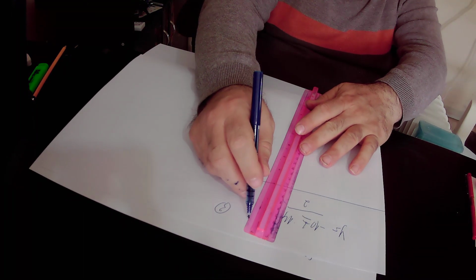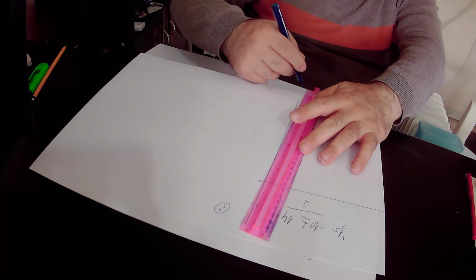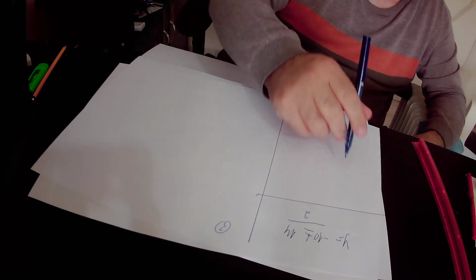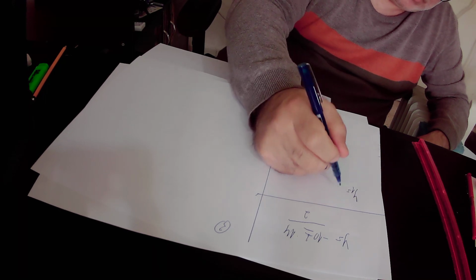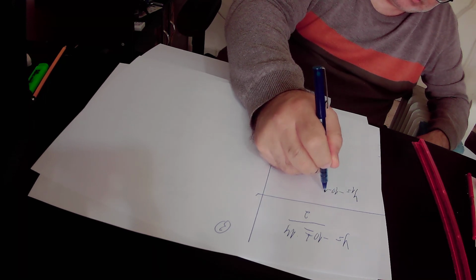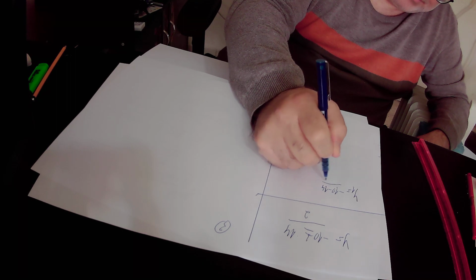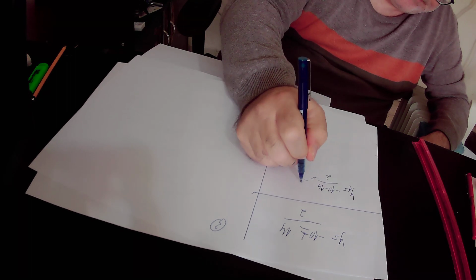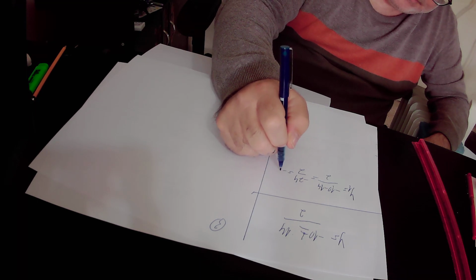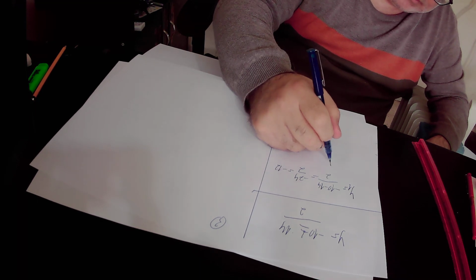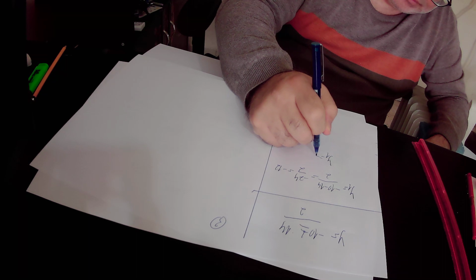So here we have two possible solutions for y. The first solution, y1, is minus 10 minus 14 over 2. Minus 10 minus 14 is minus 24, and minus 24 over 2 is minus 12. So the first solution is y equals minus 12.